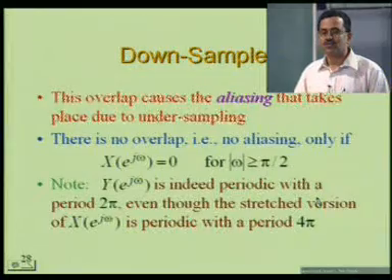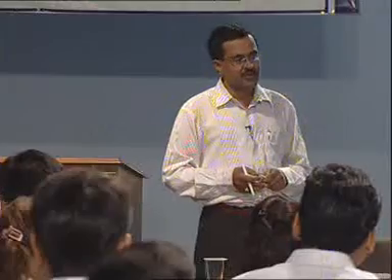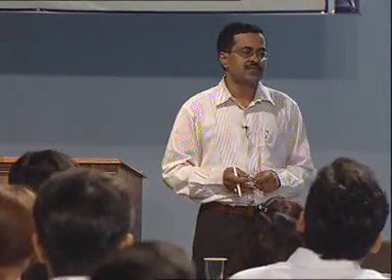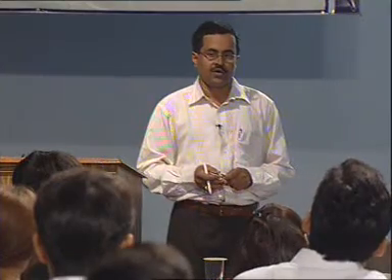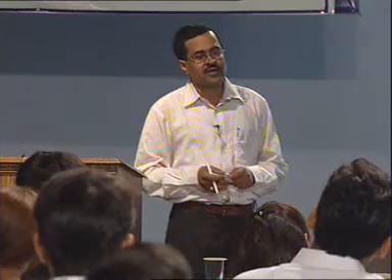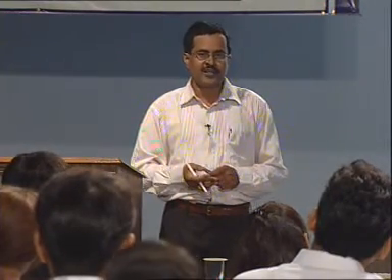Otherwise, if you do it arbitrarily, it is very difficult to go for an interpolative reconstruction of the original baseband signal. Always the downsampling is followed by an upsampling business. Upsampling means again it is interpolation.